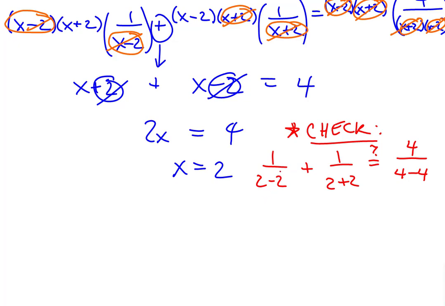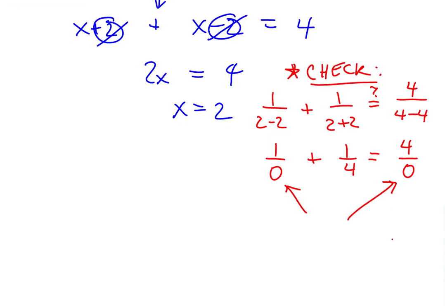Notice the first denominator of 2 minus 2, that would turn into 1 over 0, plus the second fraction would be 1 over 4, equals, and on the right side we'd also have 4 over 0, but that's a problem. We know we cannot divide by 0, as we would be trying to do in that first and last fraction.